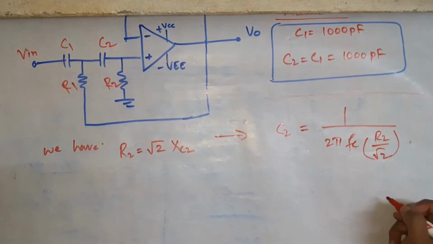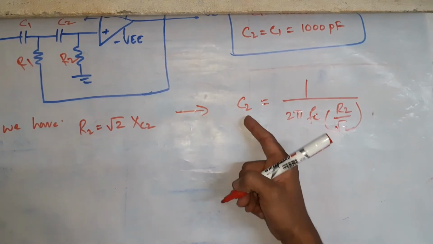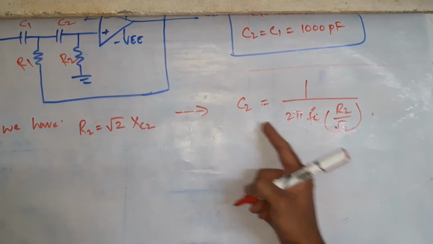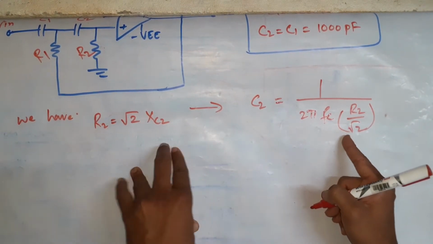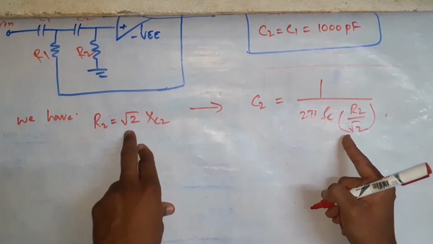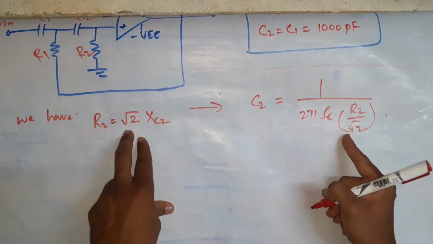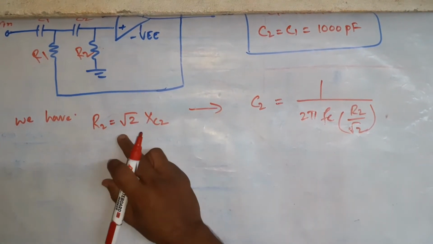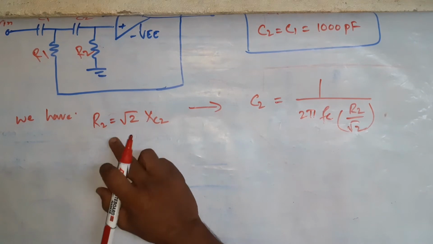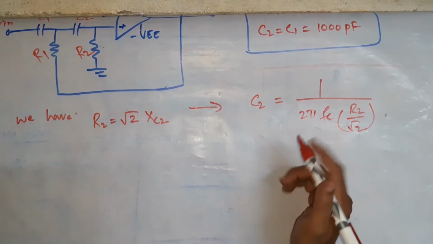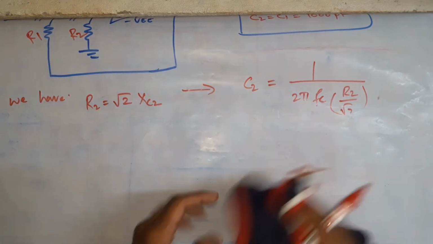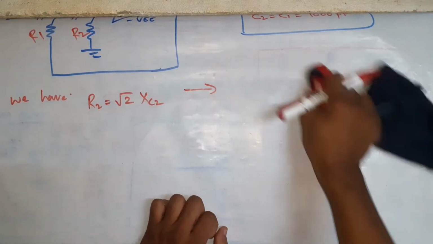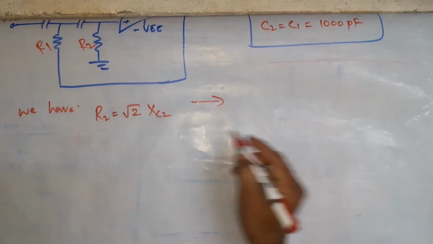In place of XC2 I have written R2 by root 2, that is my XC2. I will write step by step, as you may be getting confused here.